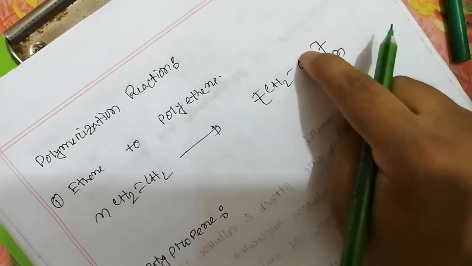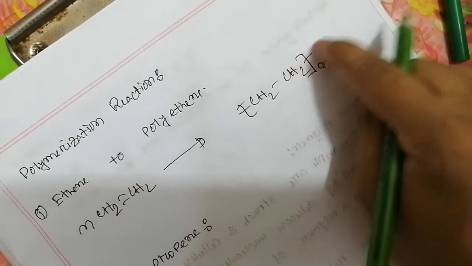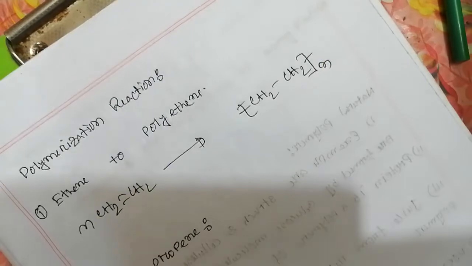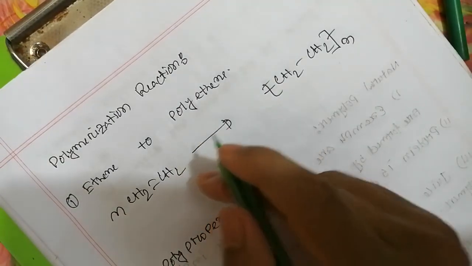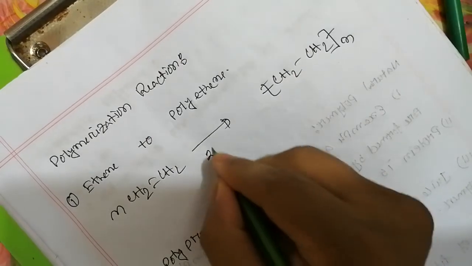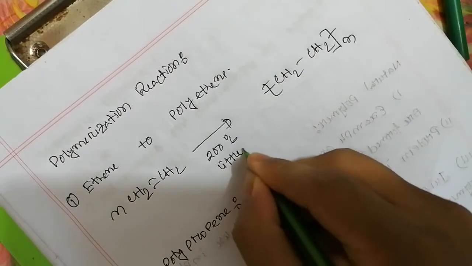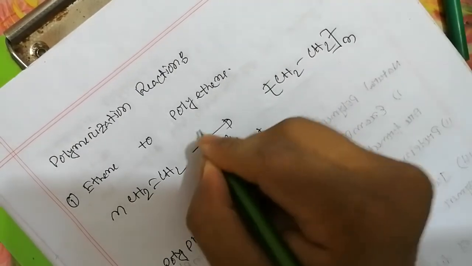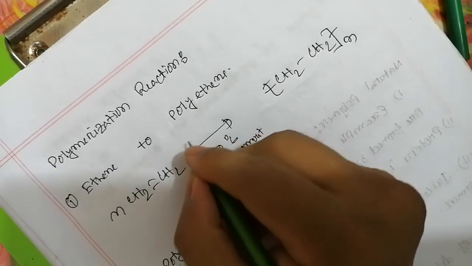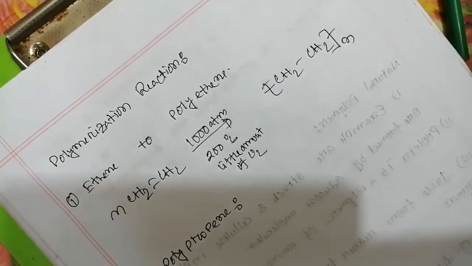Here n molecules, or lots of molecules, are attached to one another and form polyethene. In this reaction the temperature is 200 degrees Celsius and a little amount of oxygen is present. The pressure is 1000 atm. A huge amount of pressure is applied for this reaction.